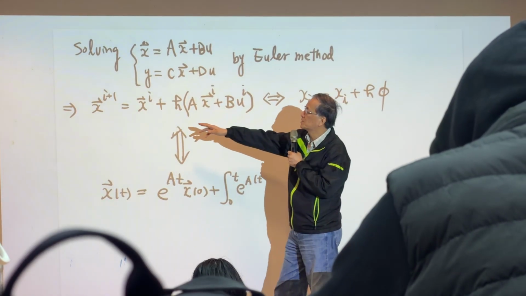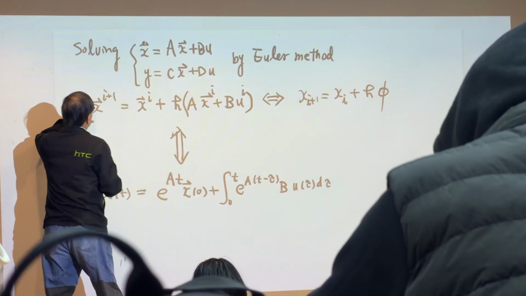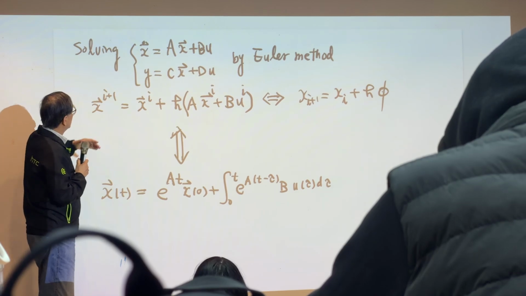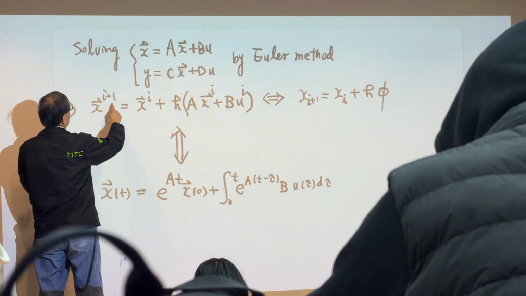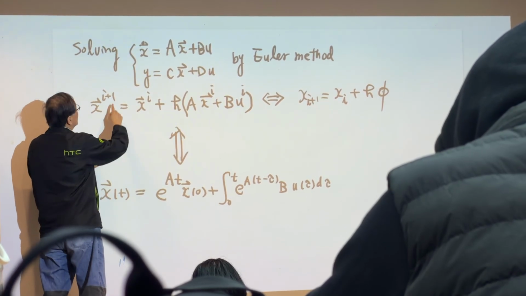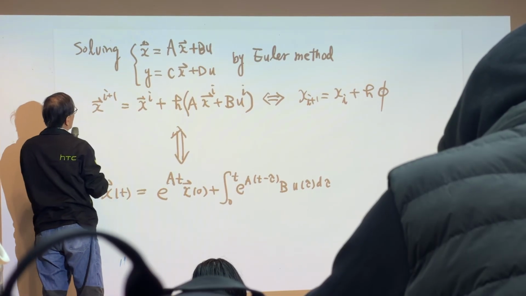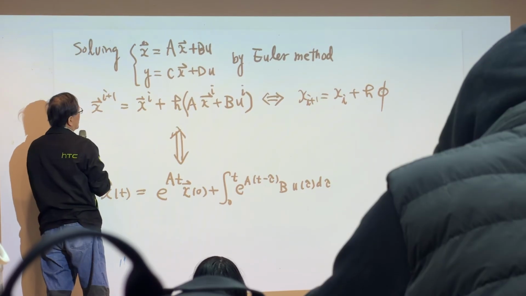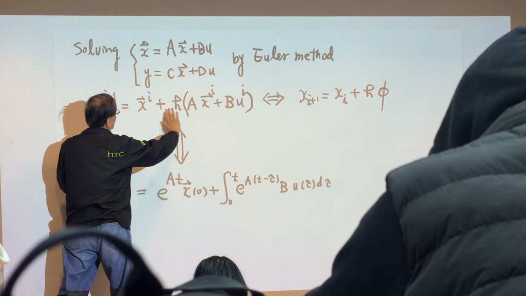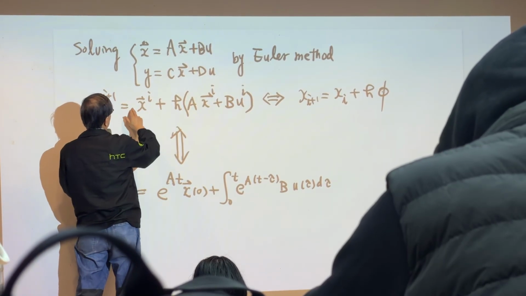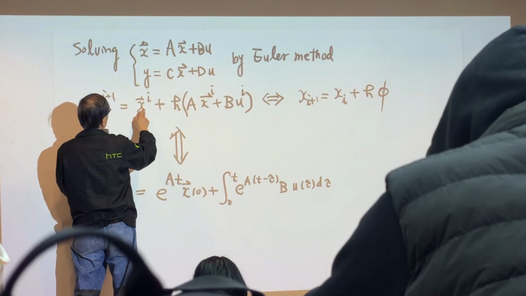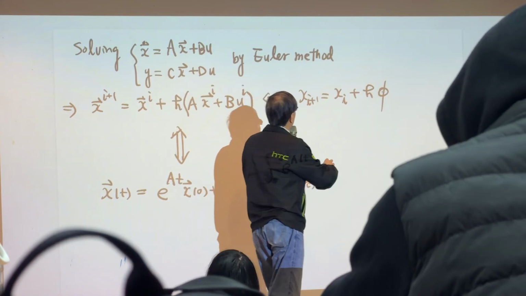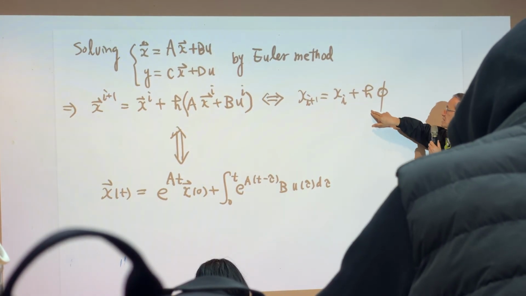And now the basic principle is very simple. x_{i+1} minus x_i divided by h equals x dot, right? Now we move the h to the right-hand side, and we also move this minus x_i to the right-hand side. So this is the equation, just like we taught you last time.